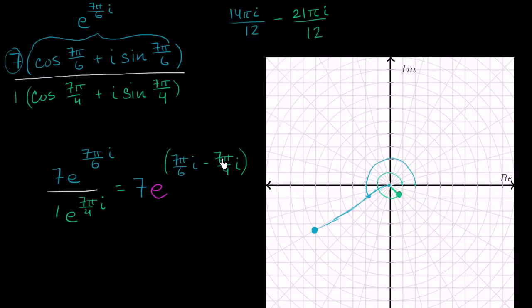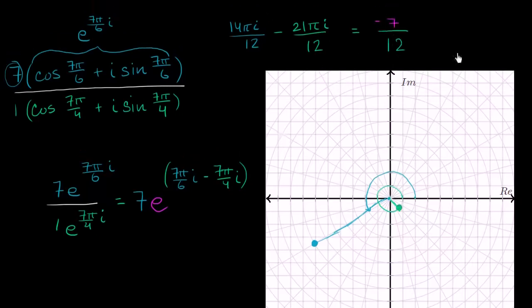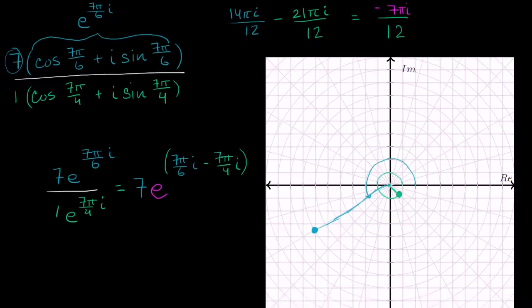I just multiplied numerator and denominator by 3 right over here. And so this is going to be equal to, I'm going to have 12 in the denominator. 14 pi i minus 21 pi i is going to be negative 7 pi i. So this thing is equal to 7e to the negative 7 pi i over 12.